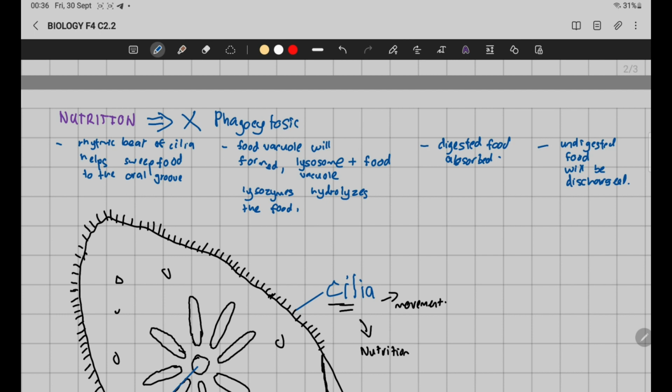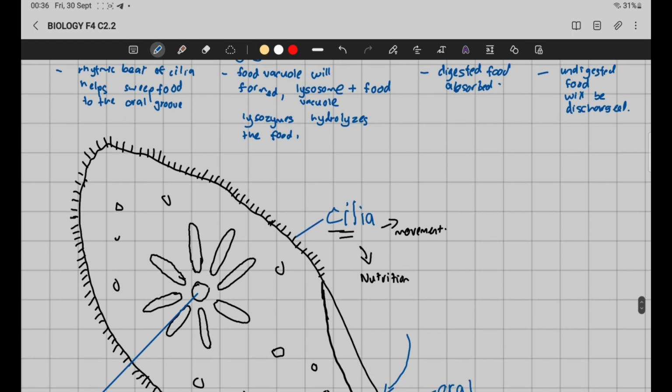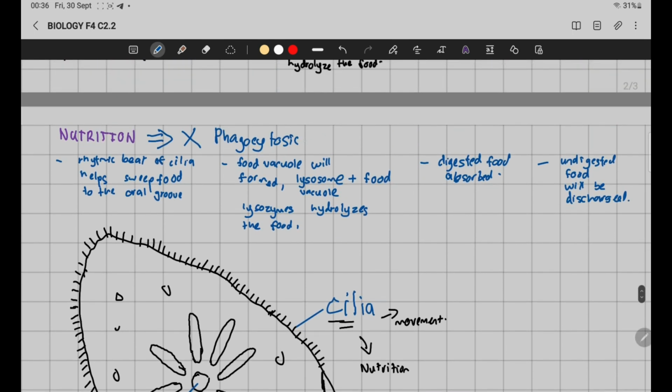It's different from the amoeba, which does phagocytosis, in which they extend their pseudopodium, surround the food and trap the food, and then the process will be the same in both the paramecium and amoeba after the phagocytosis process of the amoeba. And talking about phagocytosis, you will find this term again when you learn about the white blood cell later, maybe in Form 5.